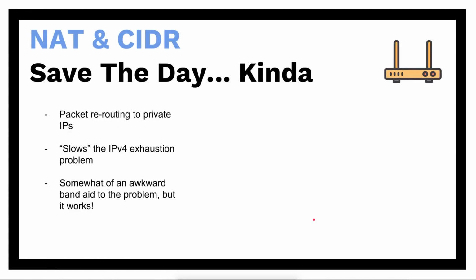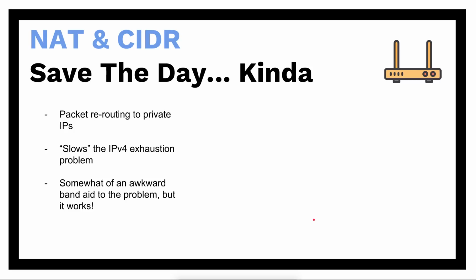So we have a solution to this diluted number of IPv4 addresses that we're running out of. NAT and CIDR save the day. Or do they? NAT and CIDR save the day because they enable packet rerouting to private IPs. We'll understand what that means on the next slide, but it's going to slow down the IPv4 exhaustion problem.